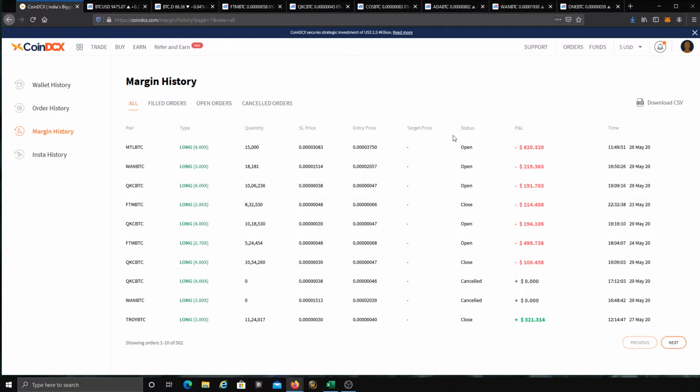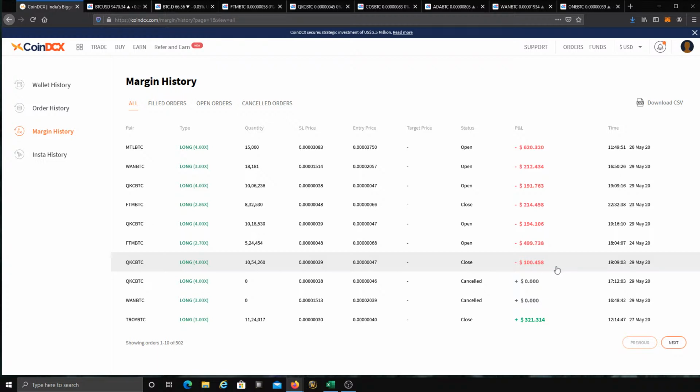Now MTL, of course, MTL is really hurting right now, and this second FTM bag. And I did lower my leverage there by adding money. So with these losses right here, what the hell is this? This is a closed position for $100. I don't remember this because I only got 2 open positions on Quark Chain.